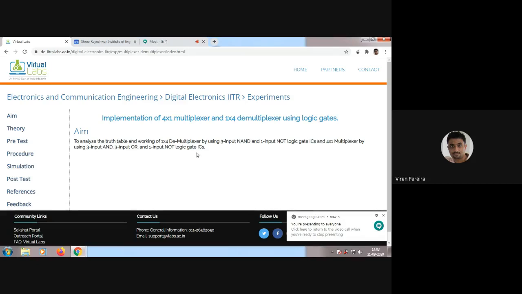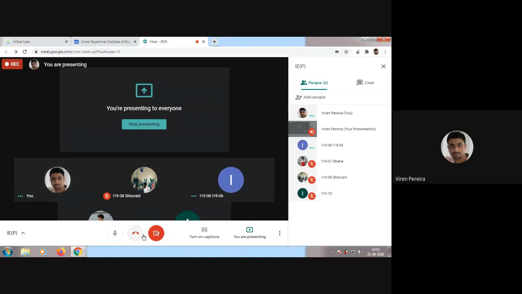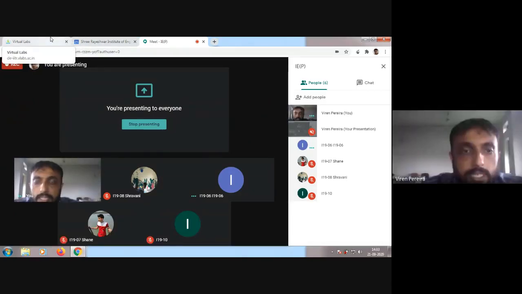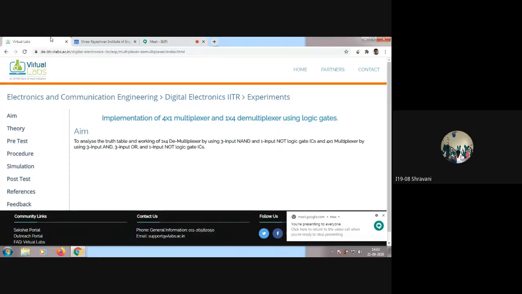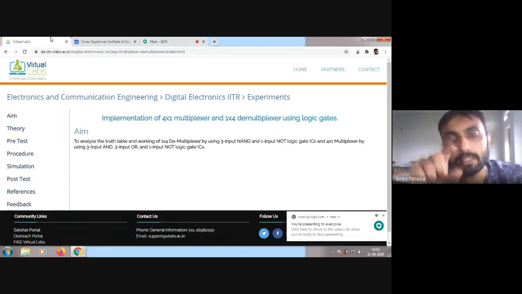Now a multiplexer, you can even get in IC form. Wait, I'll just turn the video on. You all can see me, guys? Yes, sir. So the multiplexer you even get in IC type form, wherein on the left hand side you have pins and on the right hand side also you have pins. So they are totally compact and available in IC form.